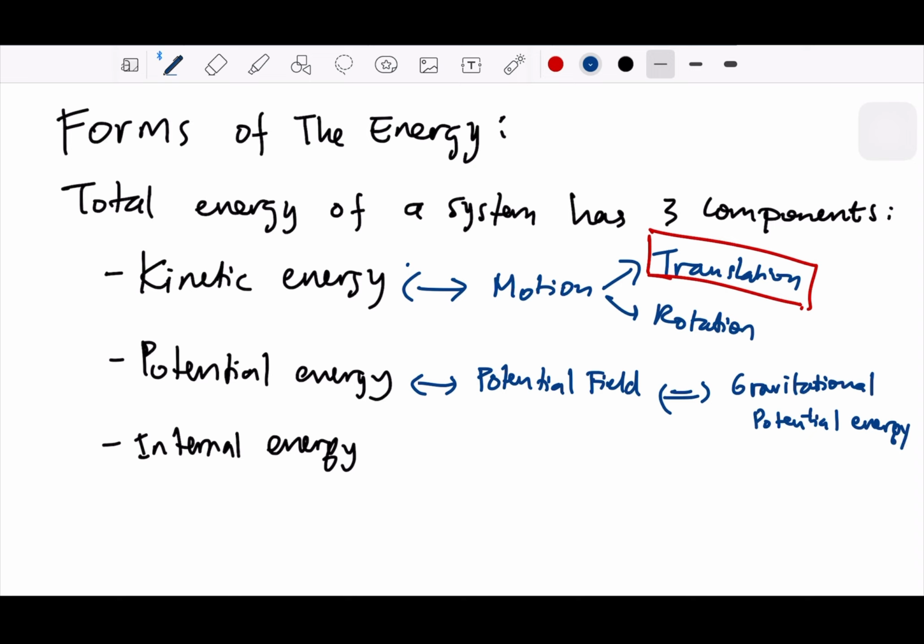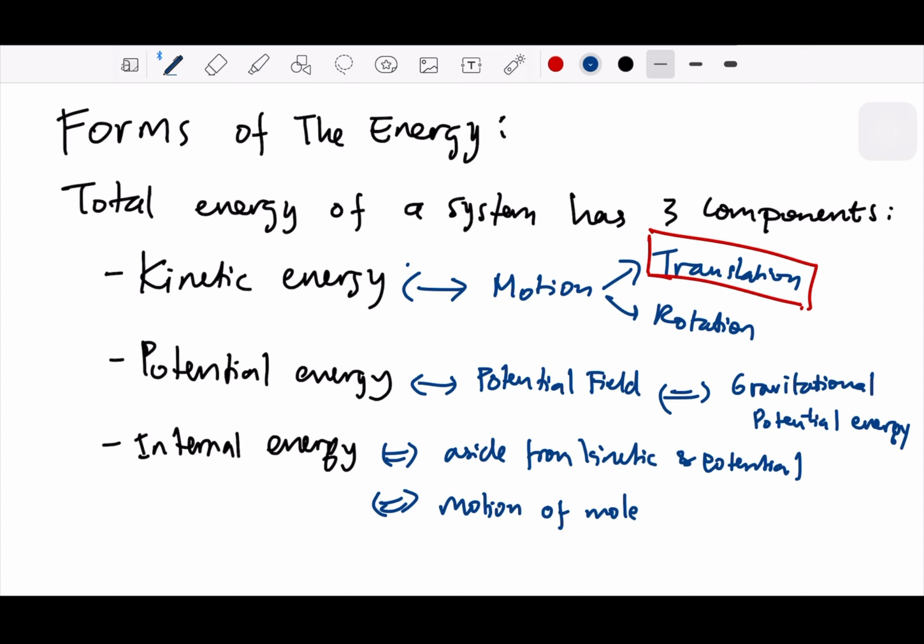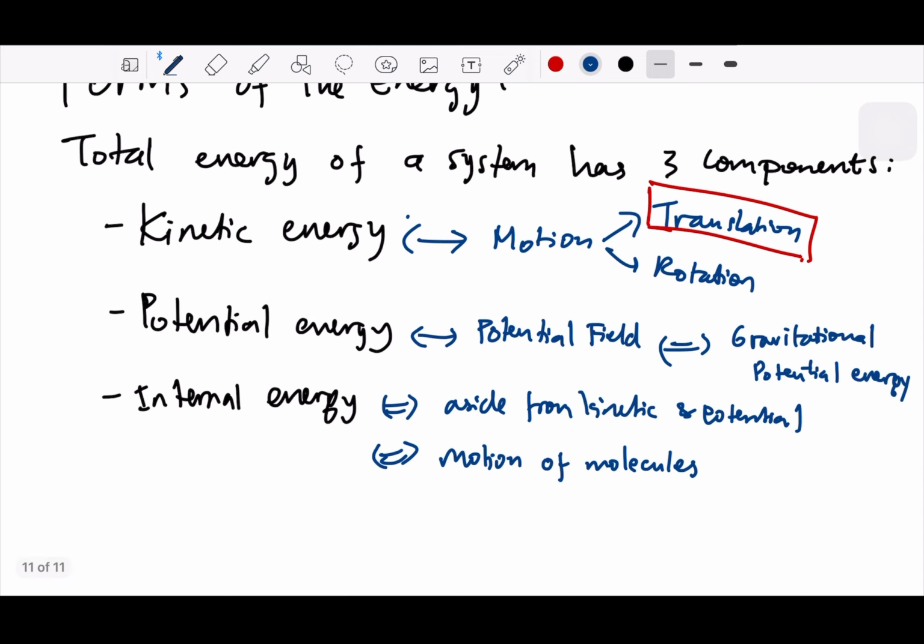And internal energy, we can say it's aside from kinetic and potential, and we can add that this is related to the motion of molecules relative to the center of mass.